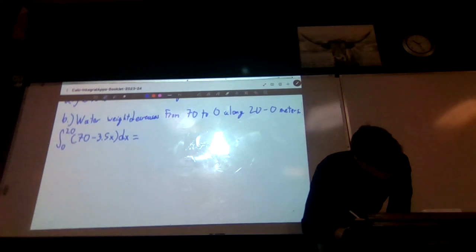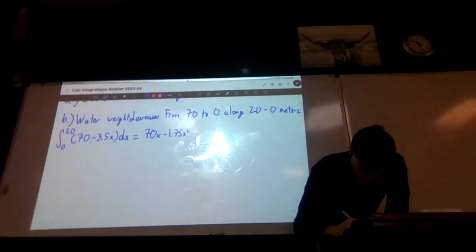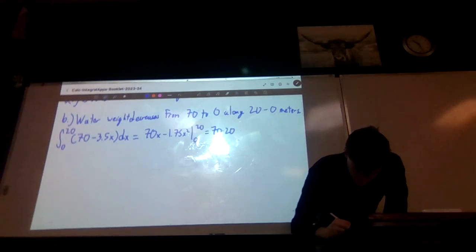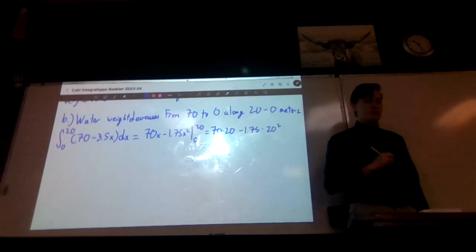We're going to get 70x minus 1.75x squared, since 3.5x squared divided by 2 gives 1.75x squared, from 0 to 20. The other limit doesn't matter, which equals 70 times 20 minus 1.75 times 20 squared, which is going to give us what answer?